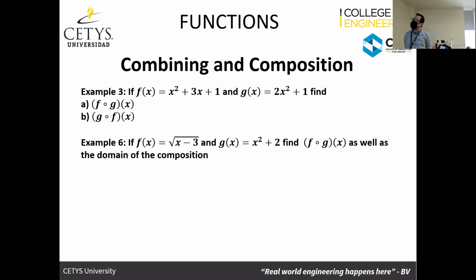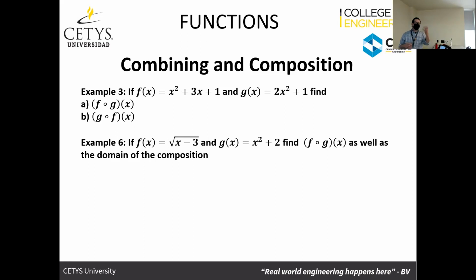So example number 3. Let's assume that we've got two functions. f of x equals x squared plus 3x plus 1. We've got another function, g of x equals 2x squared plus 1. And we want to find the composition f of g and the composition g of f.